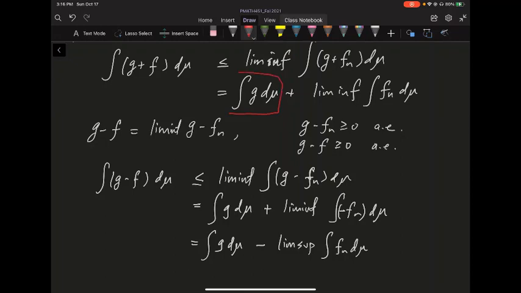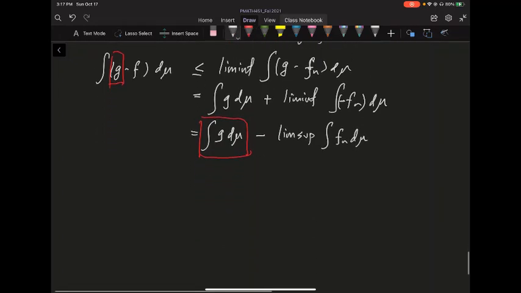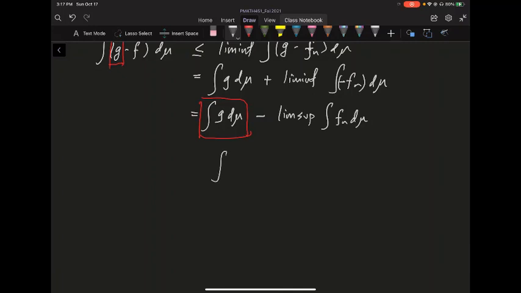Now we have these two nice inequalities, and you can notice that g is merely added to make sure we end up with something non-negative, and it's very simple to cancel out. The g will cancel out the g on the left-hand side. After we cancel out the integral of g, we have the integral of f d mu.